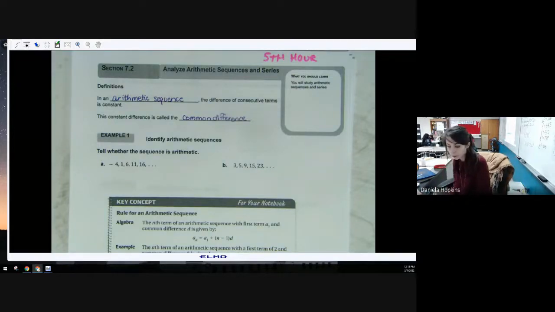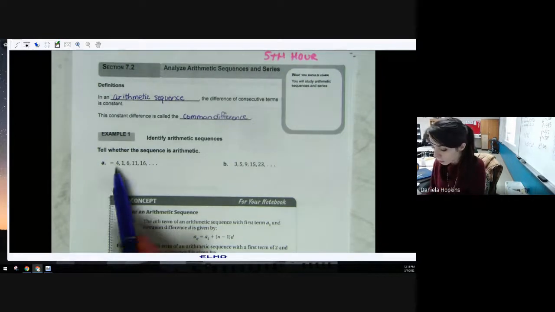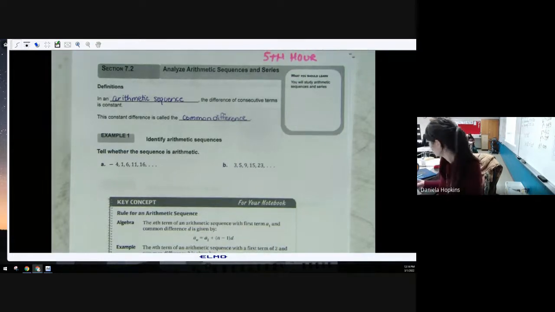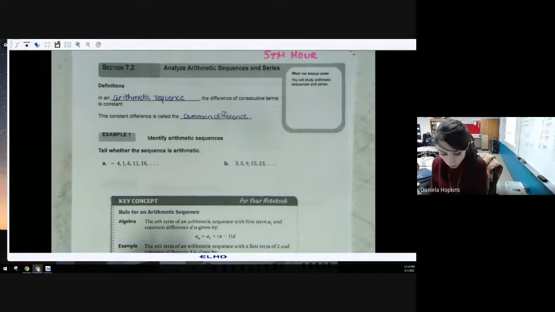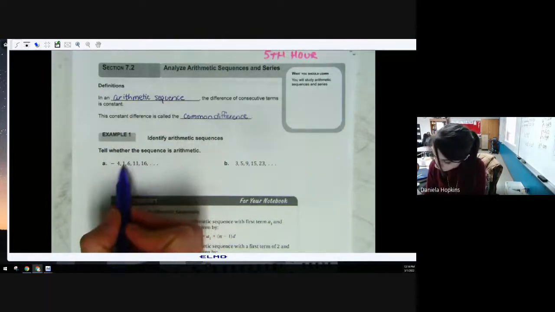So example 1 just wants us to identify these arithmetic sequences. We can do that by looking for a common difference. I'll do it the way the book does it for example A, and then in example B, I'll show you the quicker way that we'll use later on. The book says to tell the difference, you take the next term minus the previous term.